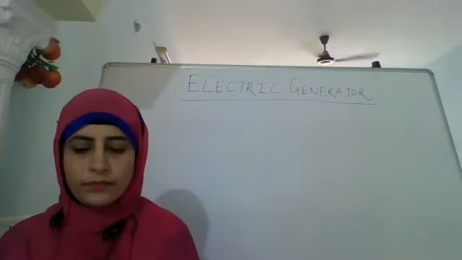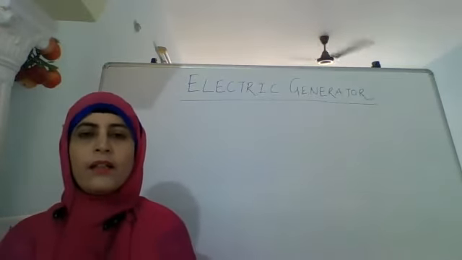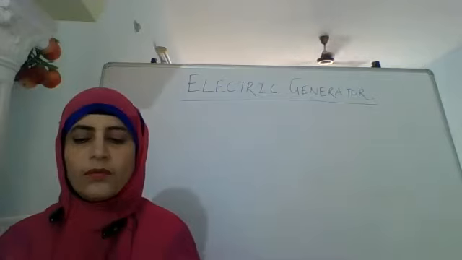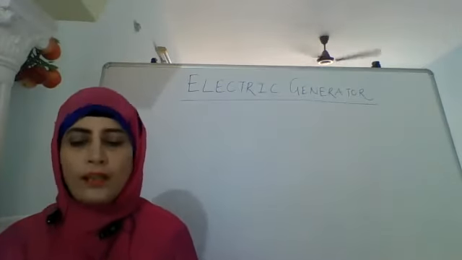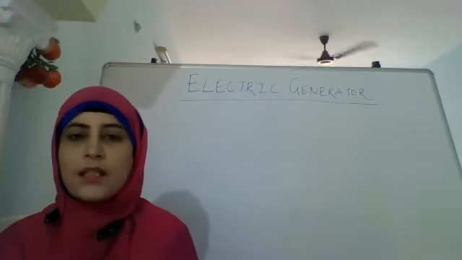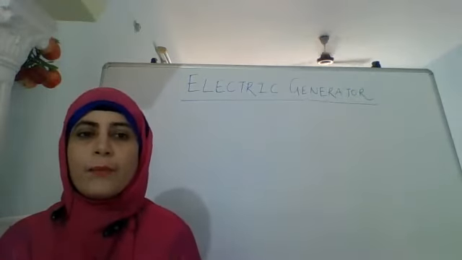And the current in loop starts flowing in the direction DCBA.